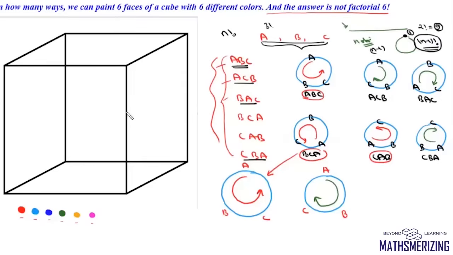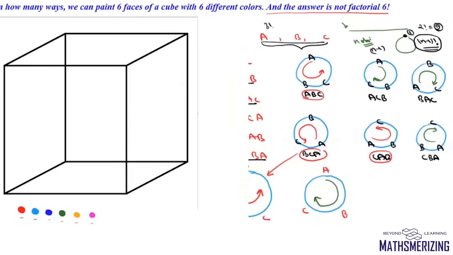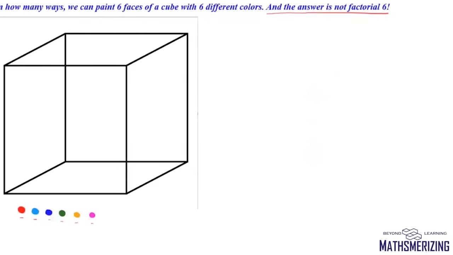Now we'll come back to our problem, which is that we have to color 6 faces of a cube with 6 different colors. Clearly it is not a linear arrangement, so the answer is not factorial 6. All the 6 faces of a cube are identical, as it was in cyclic permutations. So there is no starting point here as well. So we need to fix one color on any one face and arrange all the other colors relative to it.